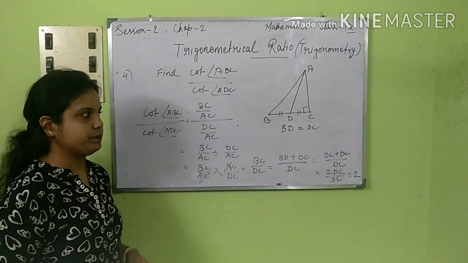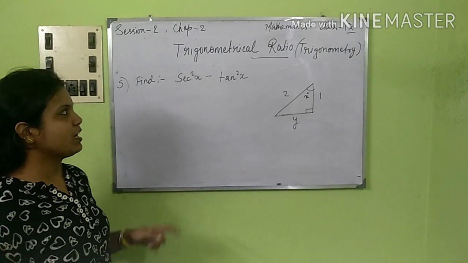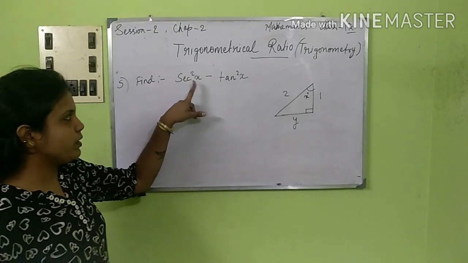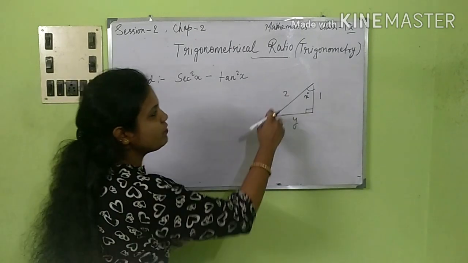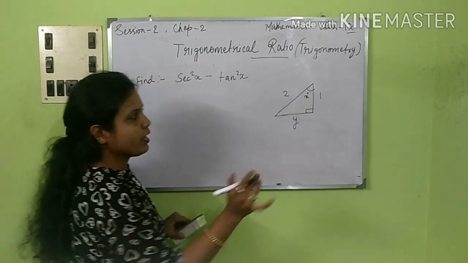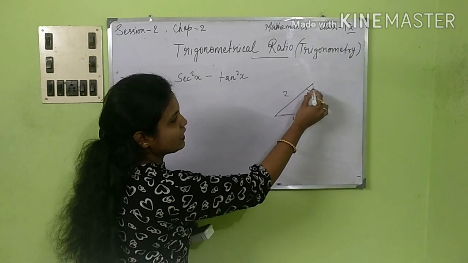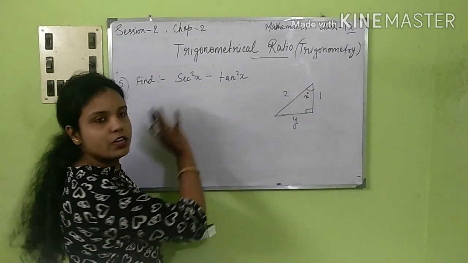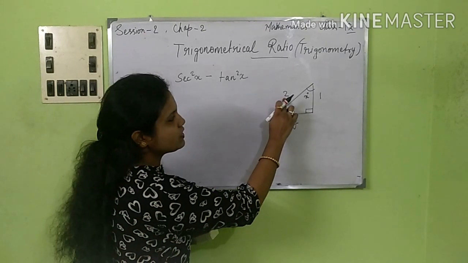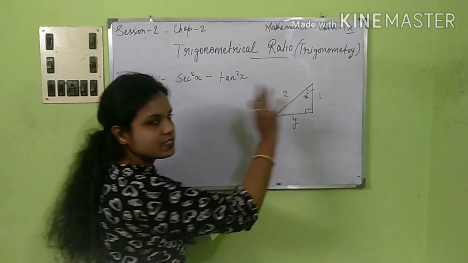Okay? Next. Now, next sum we are coming to find the value of sec square x minus tan square x. Okay? And here you can see a small figure has been given to you, where the angle which we are taking is this. Okay? That is the x degree. So accordingly we have written the ratios. Okay? And the value of this hypotenuse and this particular side is given.